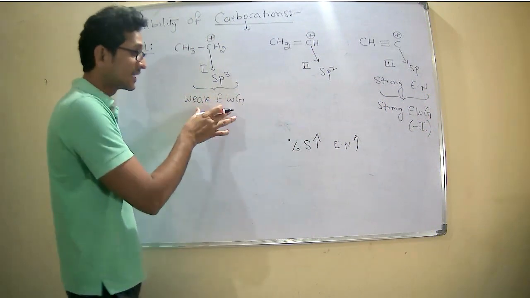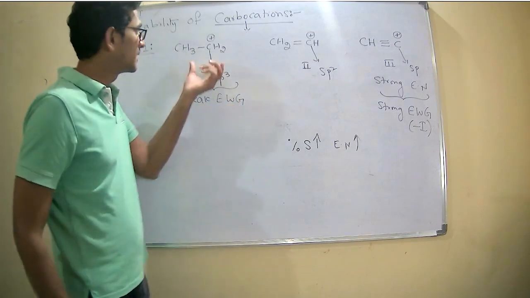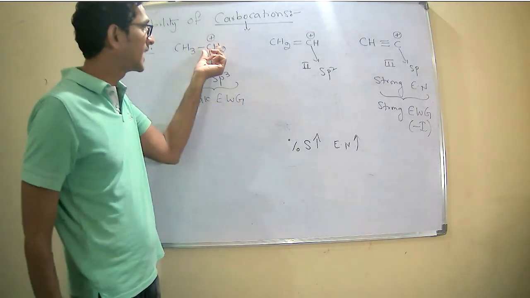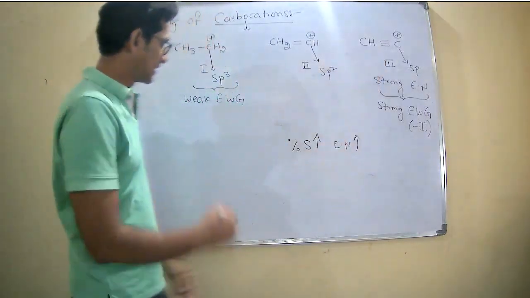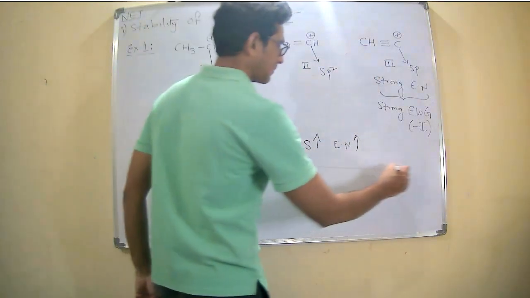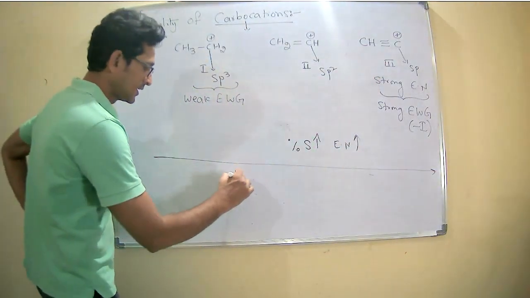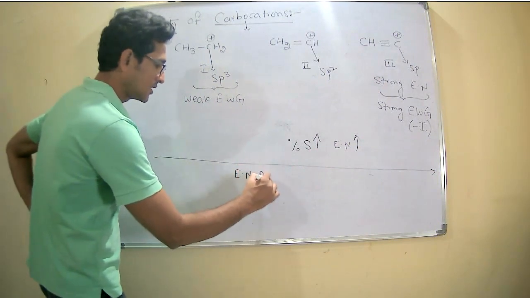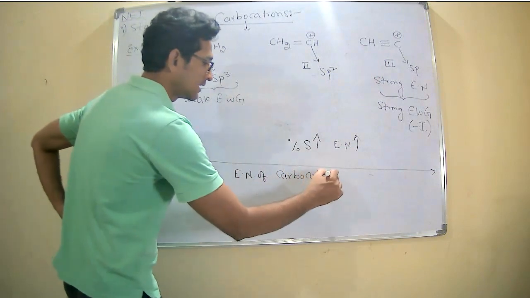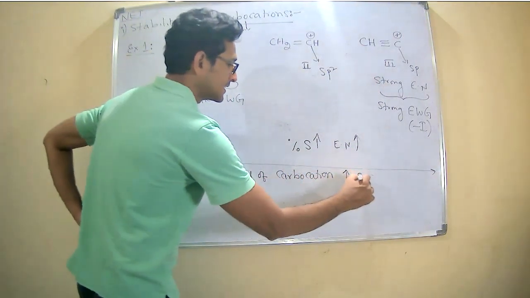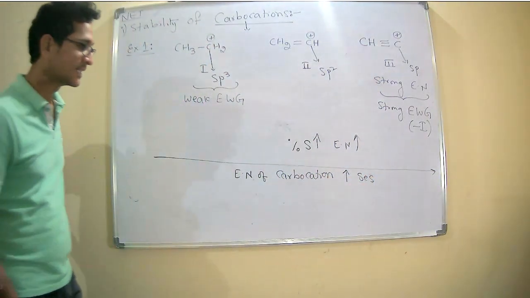Therefore, since it is a weak electron withdrawing group, it stabilizes the carbocation more than this, right? So from left to right, what is happening? The electronegativity of the carbocation increases.